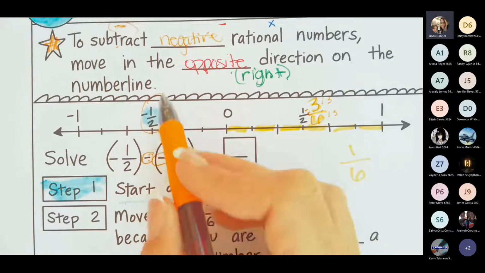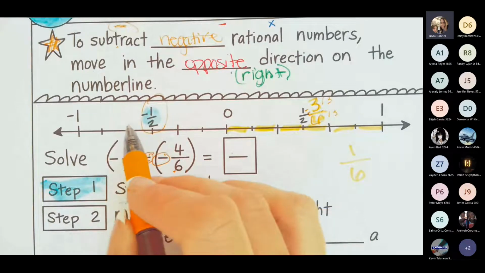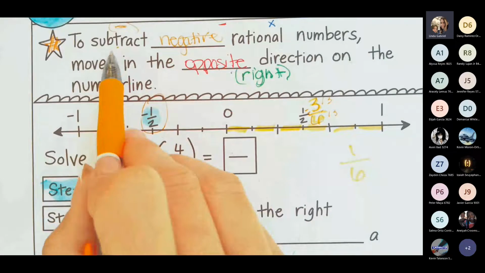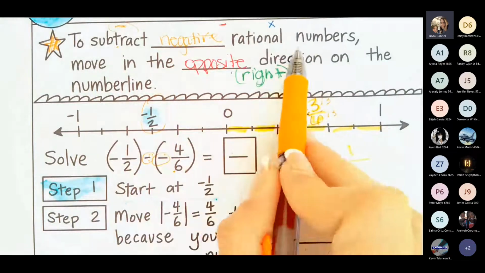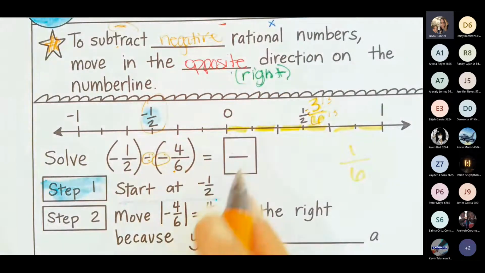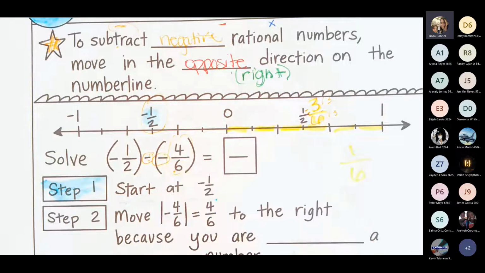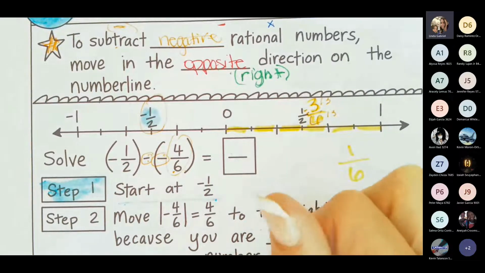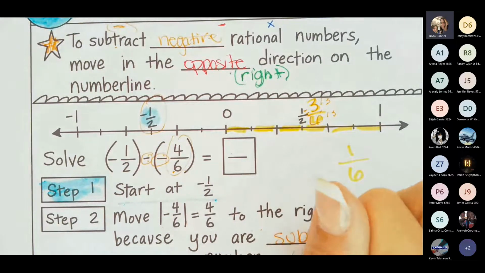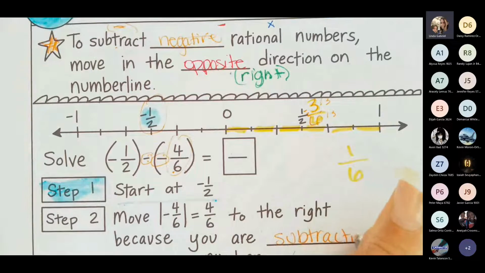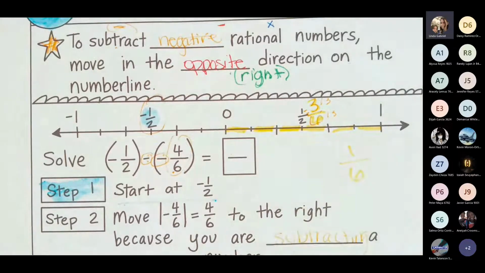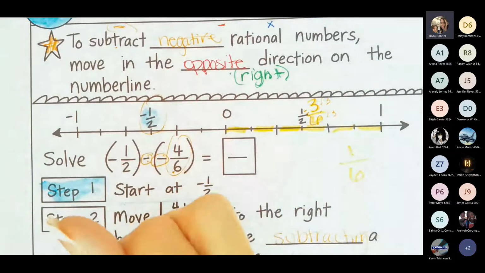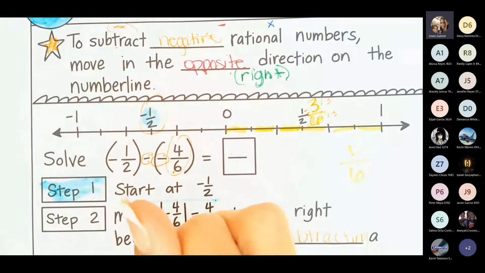And I don't need to think about it as minusing or going this direction, because if I am subtracting a negative rational number, I move to the right. So I just need to move to the right for 4/6. I move that absolute value to the right because we are subtracting a negative number. And we just follow that rule.